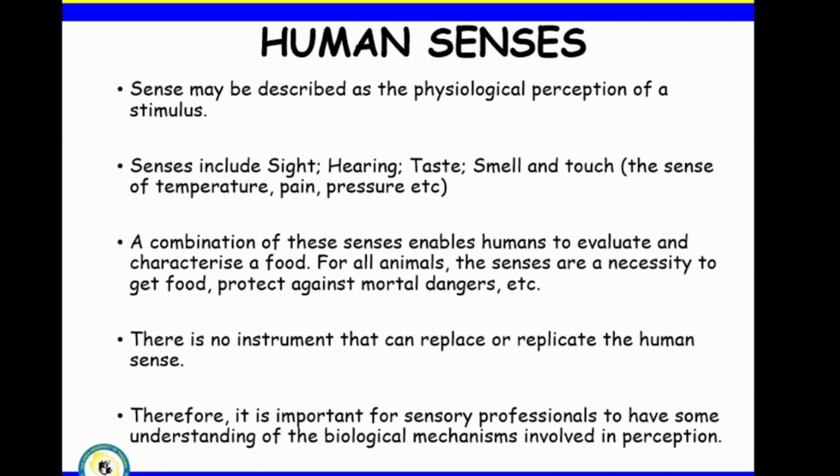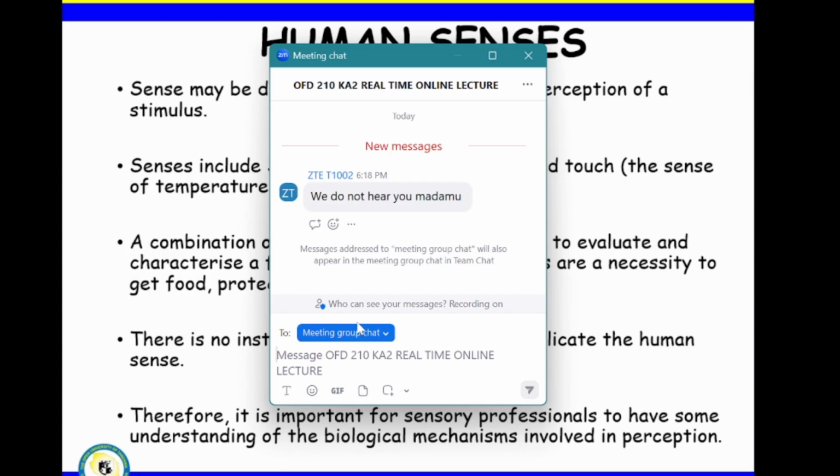Okay. So the senses include hearing, as I've said, like the sound that an apple can make. Another is taste, and this includes the sweetness or maybe sourness or bitterness, and also smell and touch.